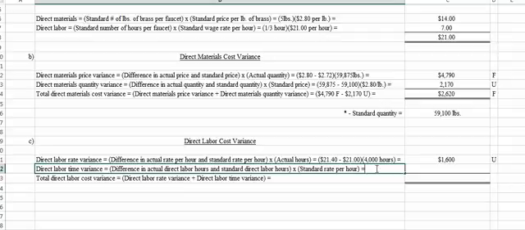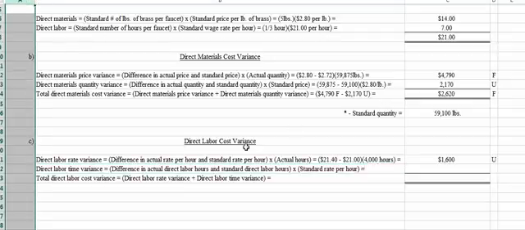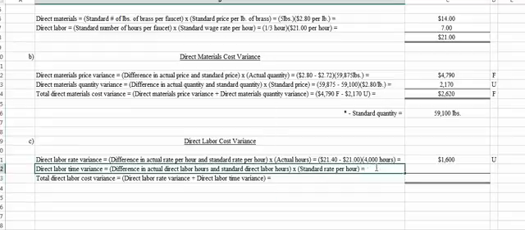We might need a little bit more room over here. Okay, we'll take the difference in the actual direct labor hours worked, which was 4,000 hours, minus the standard hours.